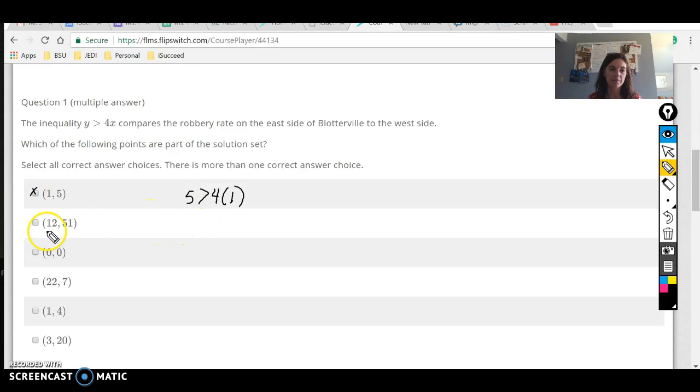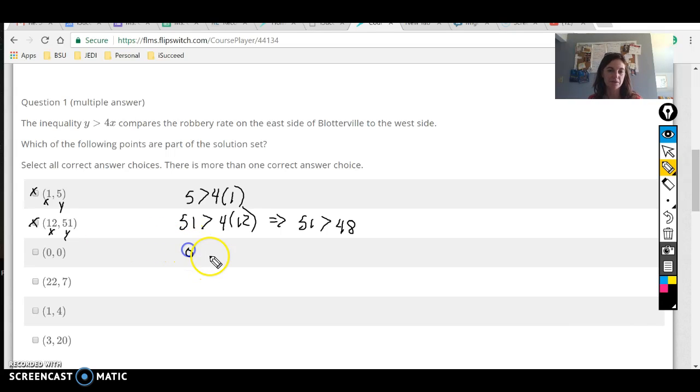The next one, I can do that because I'm just plugging in x and y here. Okay, so this is x and this is y. I say 51 is greater than 4 times 12. Okay, and let's take this a step further. 51 is greater than 48. That is indeed true.